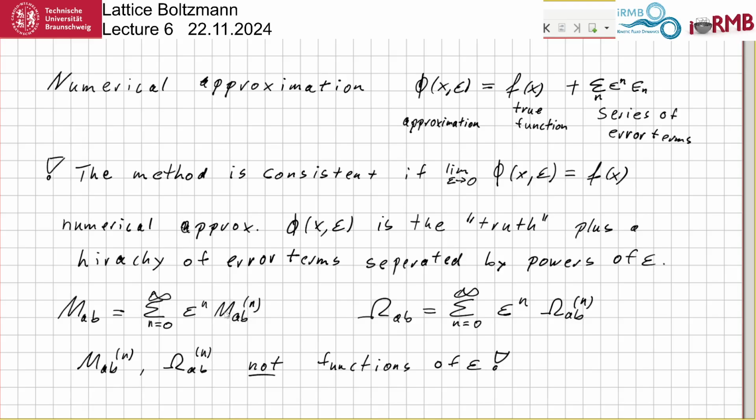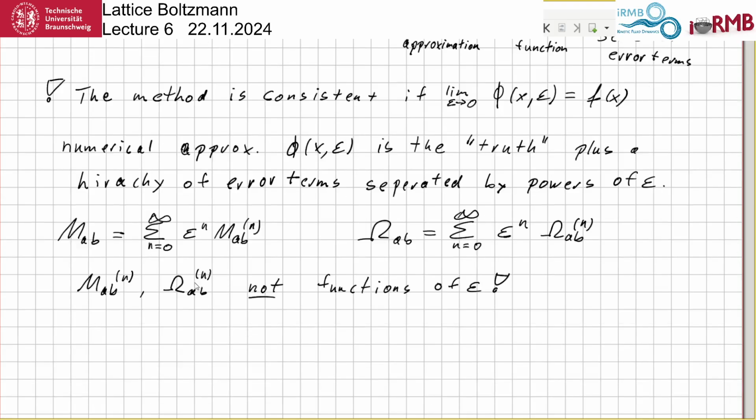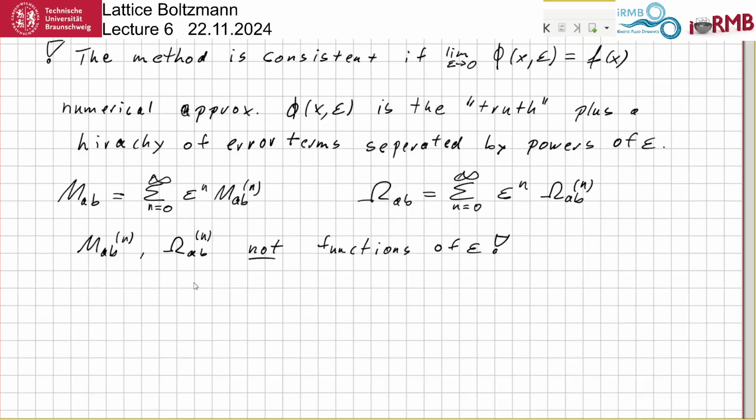So this is the only thing that makes it unique. If they still depended on epsilon, then the series would not be unique. Okay. Because you could always put some part of this inside here. But anyway, even though this could be clear, it's a mistake that's often done. And that there's still a dependency not taken care of.